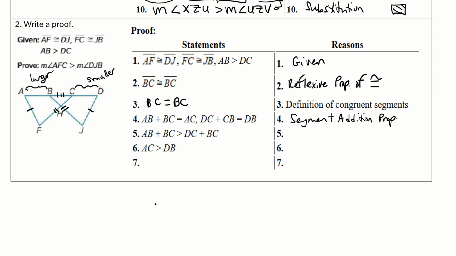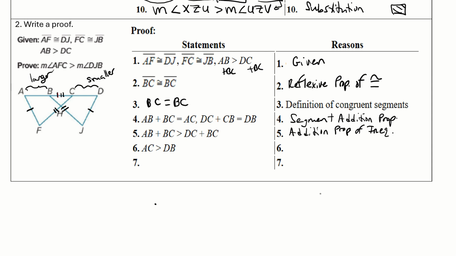Okay, and now it says AB plus BC is bigger than DC plus BC. So how do we get that? Well, we take this statement right here. If AB is bigger than DC, then we can just add BC to both sides, right? So to get that, we just use addition property, in this case, addition property of inequality.